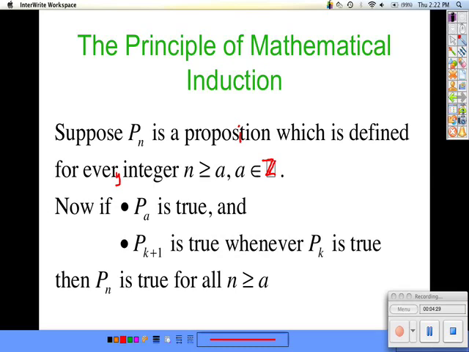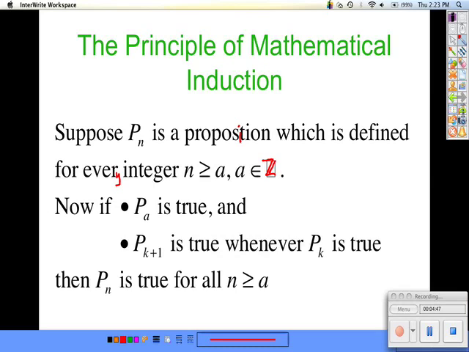Now if P sub a is true, that smallest value, and we're able to show that P sub k plus 1 is true whenever P sub k is true, then our proposition is true for all values of n greater than a.